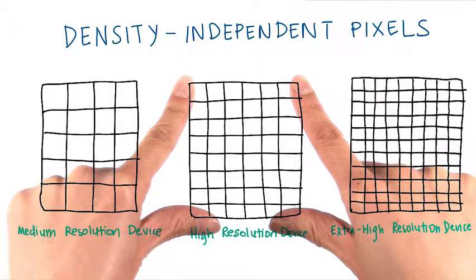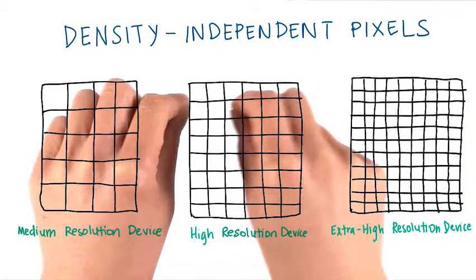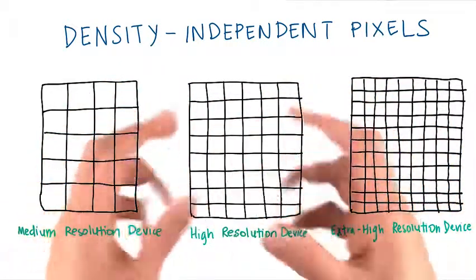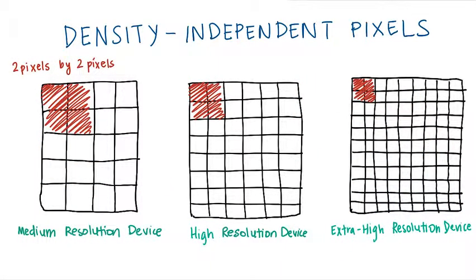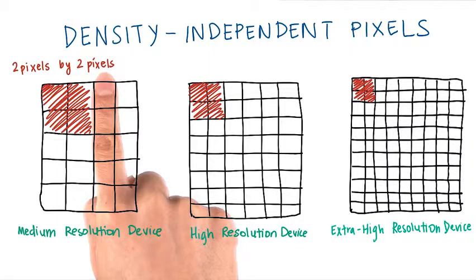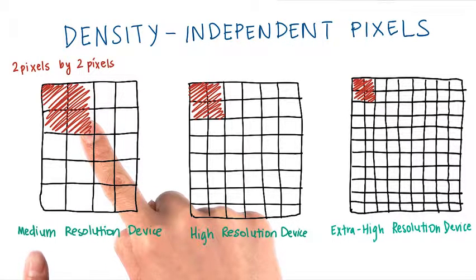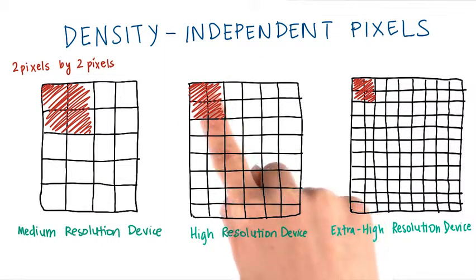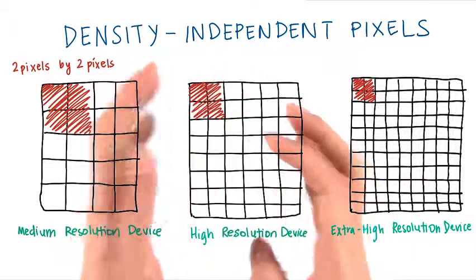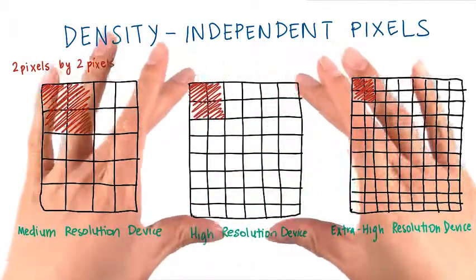When I say pixel, I mean a phone screen is made up of many tiny squares which are pixels, and they light up based on what you're looking at. So if I define the size of a view, for example, a button, to be 2 pixels tall by 2 pixels wide, this is what it would look like on a medium resolution device. On a high resolution device, it would also be 2 pixels by 2 pixels, but it's a little bit smaller because there's a lot more pixels trying to be packed into this device.